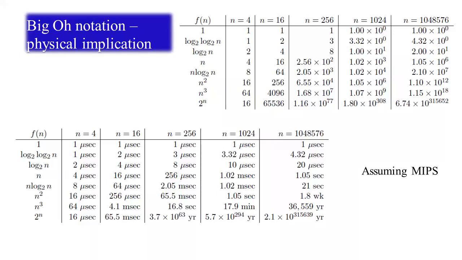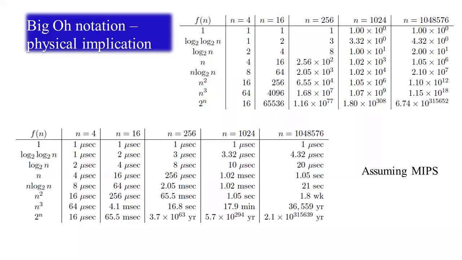So you say that n equal to 4, 16, 256. Basically it is 2 power 2, 2 power 4, 2 power 8, and then 2 power 10. N equal to the last value 1048,576, basically 1024 square, which is 2 power 20.